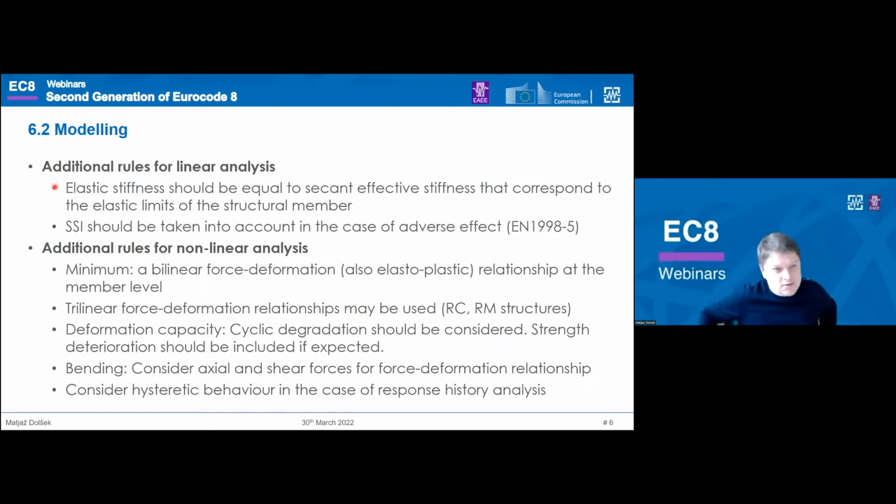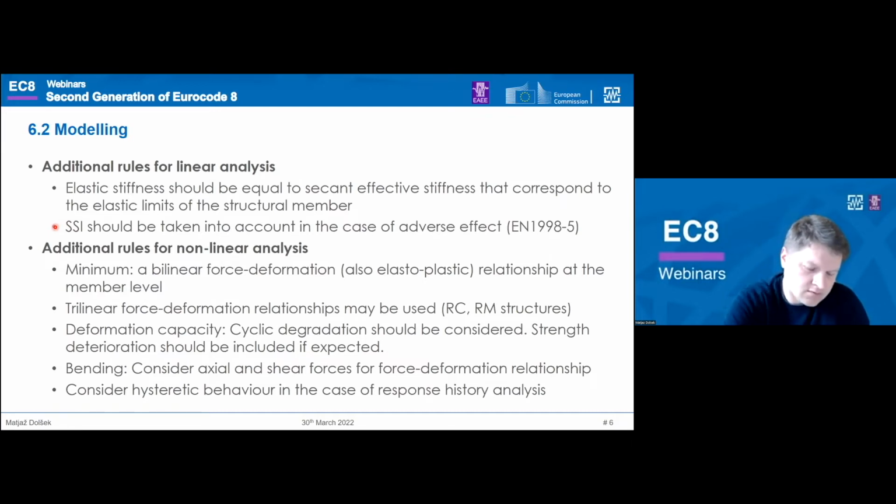In the case of linear analysis, it is prescribed that the elastic stiffness should be equal to the secant stiffness that corresponds to the elastic limit of the structural members, and that soil-structure interaction should be taken into account in the case of adverse effects. The first bullet is basically the same as in the current code.